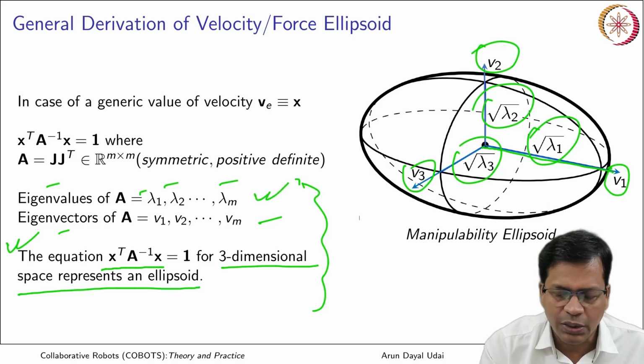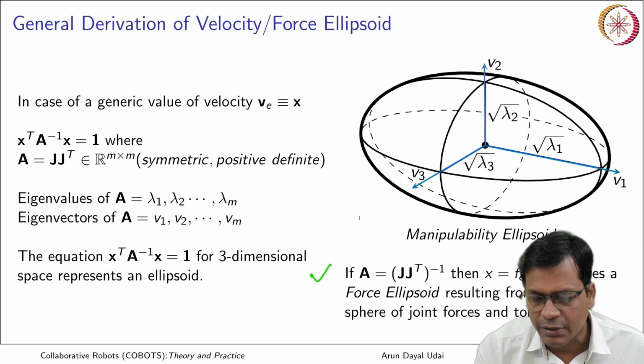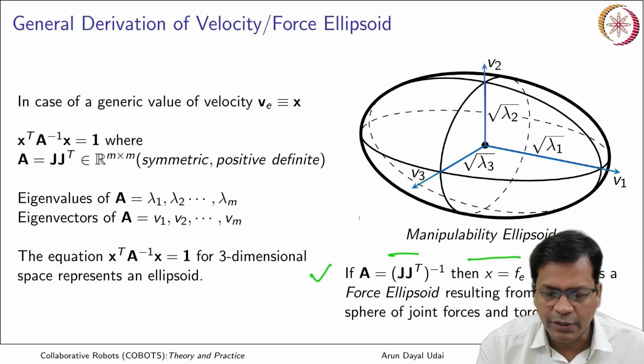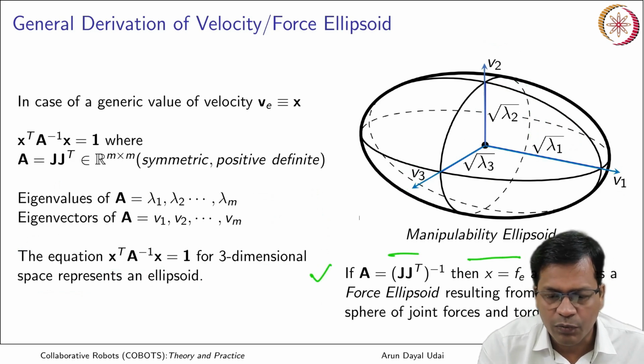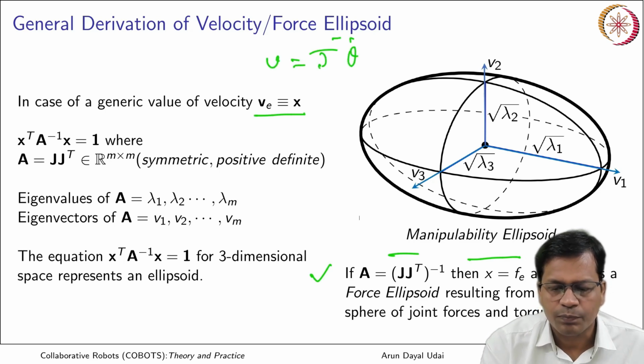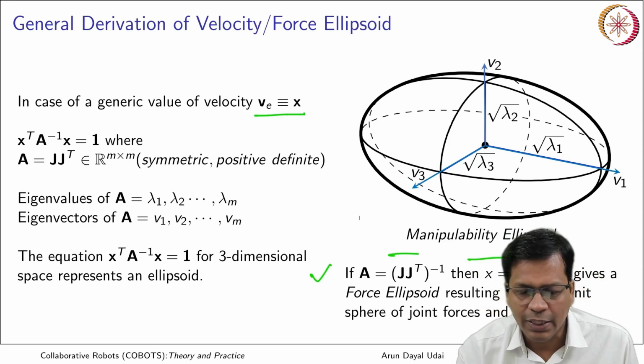Okay, so what you see here is if A is this, then x is Fe. So in case you started with the equation with velocity V is equal to J transpose of theta dot, in case you start with the velocity Jacobian, then what you get is the velocities along each direction.